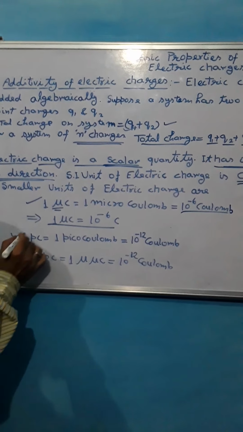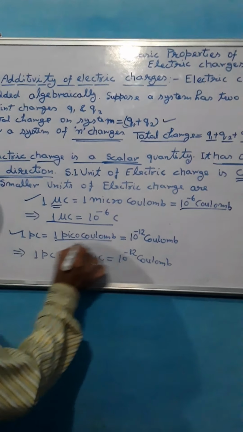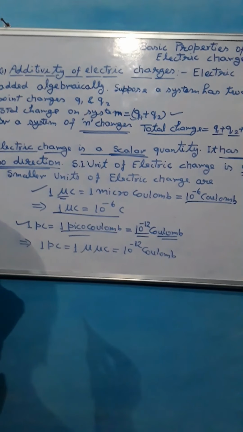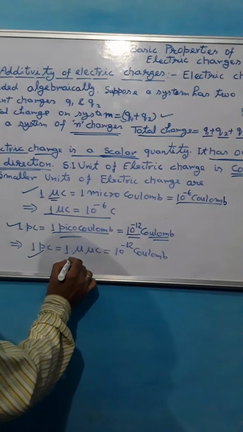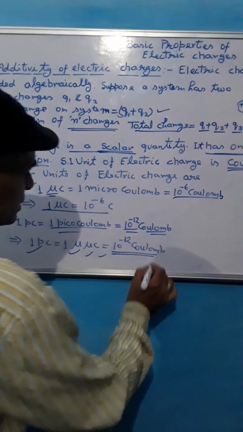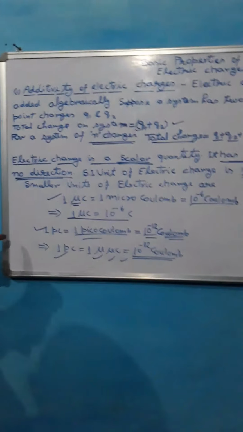Similarly, 1 picocoulomb is equal to 10 to the power minus 12 coulomb. So I have explained additivity of electric charges.